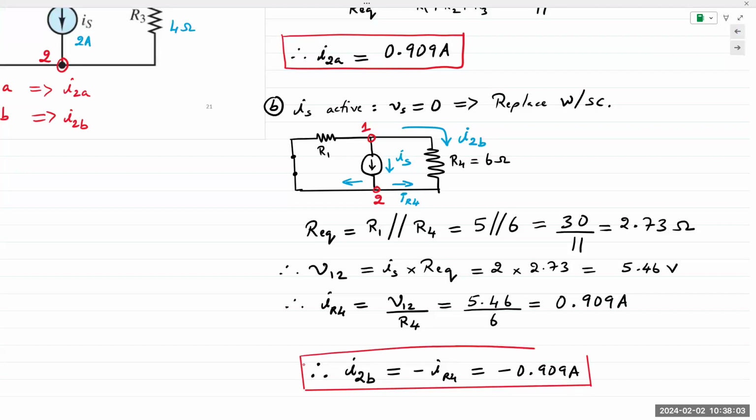Does everybody see that? Take a few seconds, pause, think over it. Let me know if you have any questions. Any questions at all?